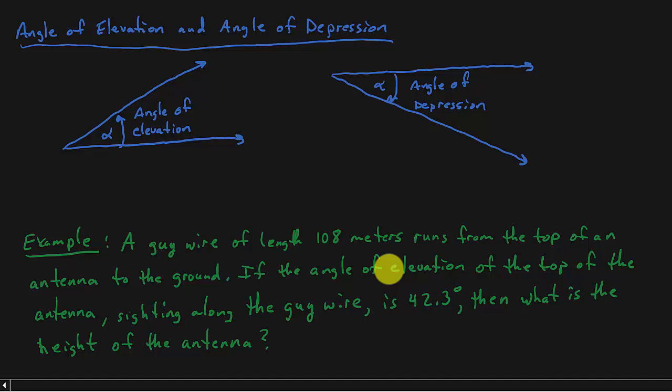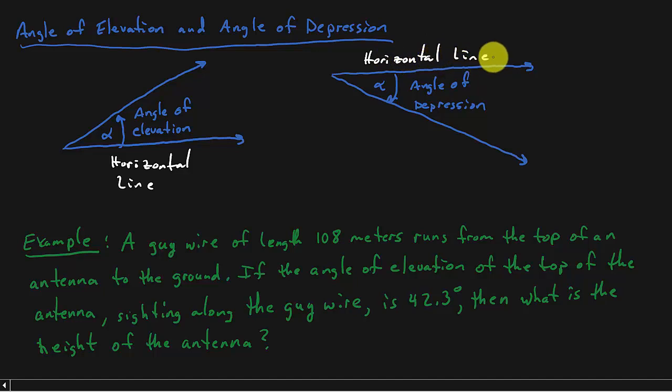Remember, angle of elevation and angle of depression is measured off the horizontal. This is your horizontal line. Here, this is your horizontal line.